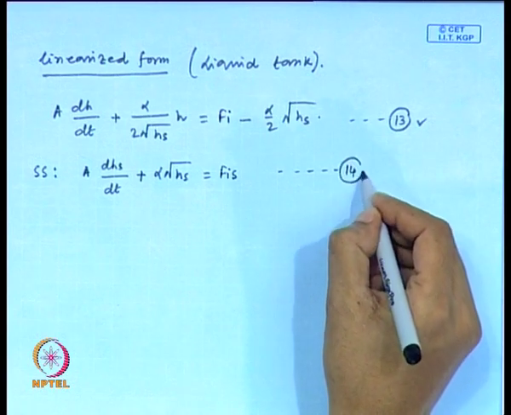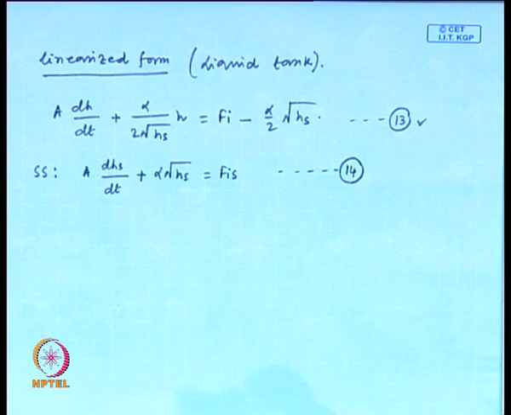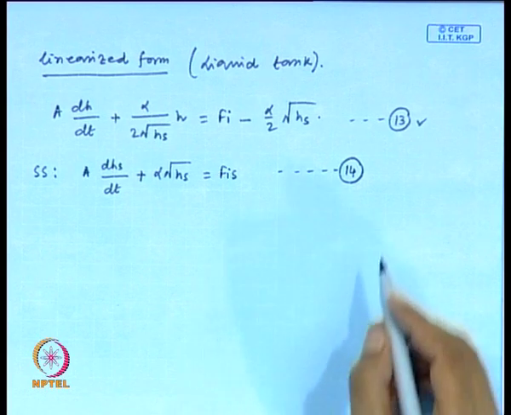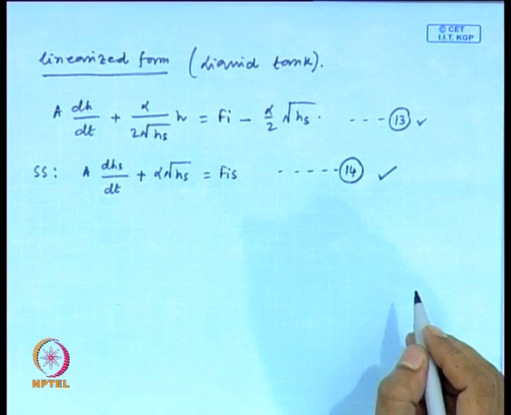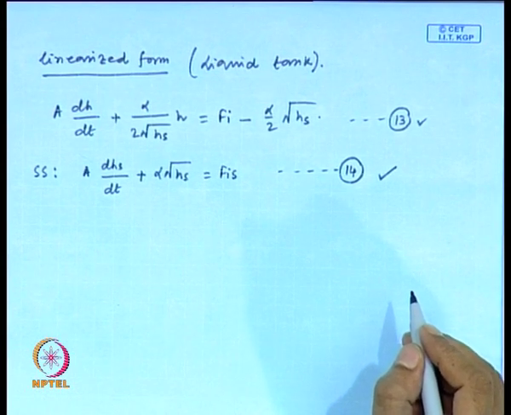To represent the steady state, we have included suffix s with all variables, fine. Then we get A dhs dt plus alpha root hs equals F is.